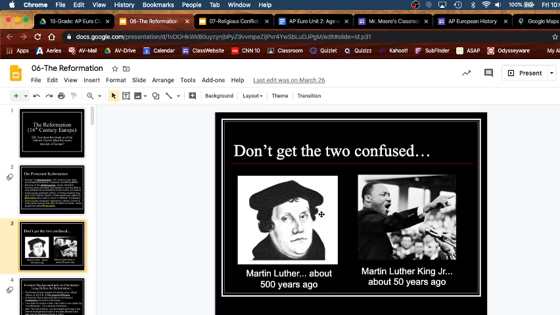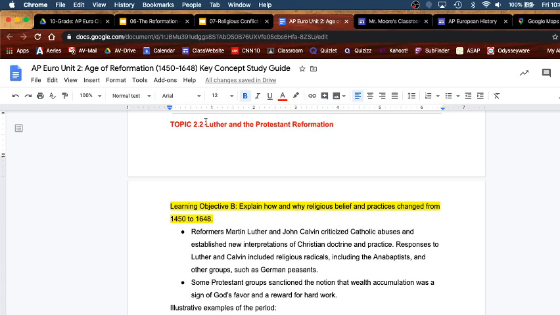We'd like to jump into the Protestant Reformation and make sure all of us understand Luther and the Protestant Reformation. Topic 2.1 lays a lot of the background information that a person would need to get into this. You're encouraged to know a lot about Christianity in this class because it's such a focus in European history.